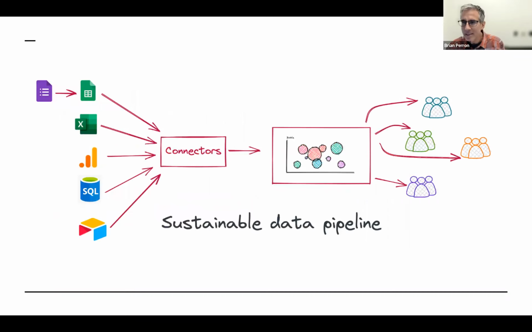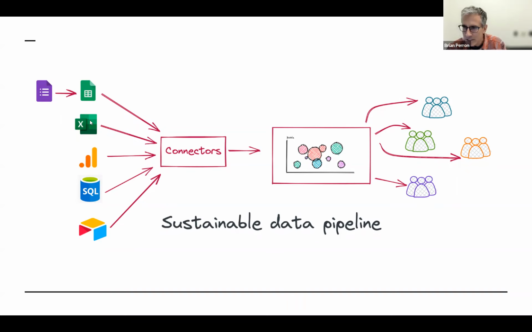So that's the quick overview of Google Data Studio, but let me be more specific about the problem that it's solving for me in my work and how I think it could be of value to you. This is what I'm talking about when I'm thinking about sustainable data pipelines. Within an organization, we often have data coming in from many different sources. You might have Google Forms that feed into Google Sheets.